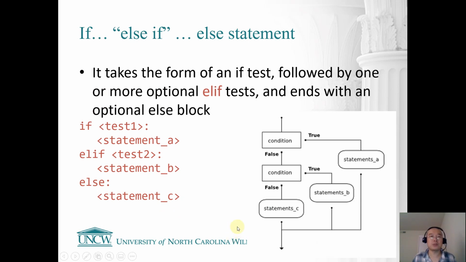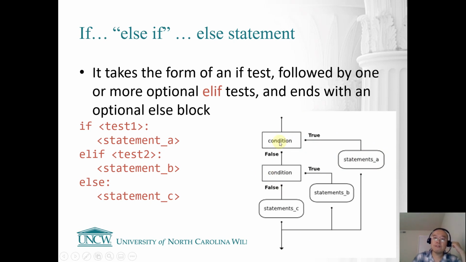Here is another structure. That is if, else if, else. And in Python, that is if, elif, and else. This is a chain structure, and let me explain it to you. We start from here and check the first condition. If the first condition is true, we take the first statement A branch, and then we finish the whole set of if, elif, and else.